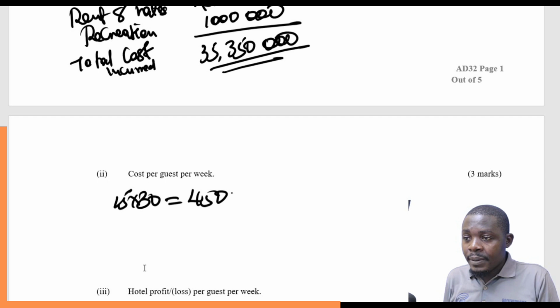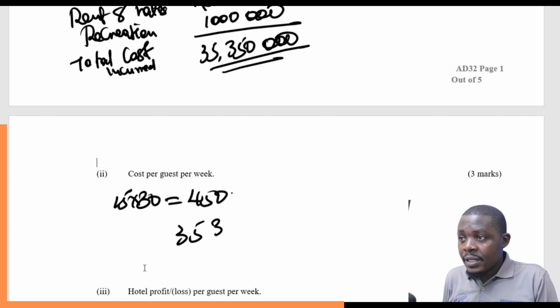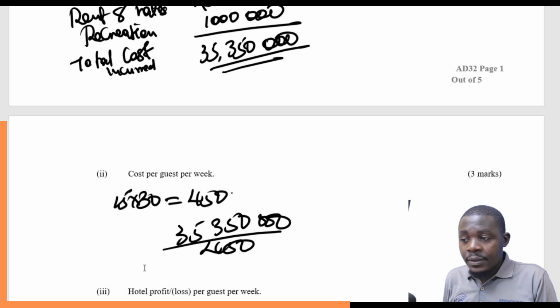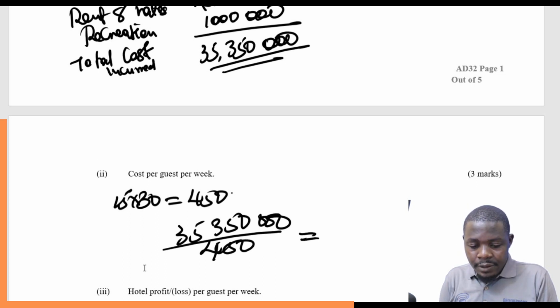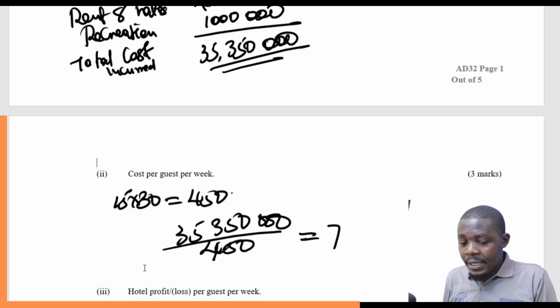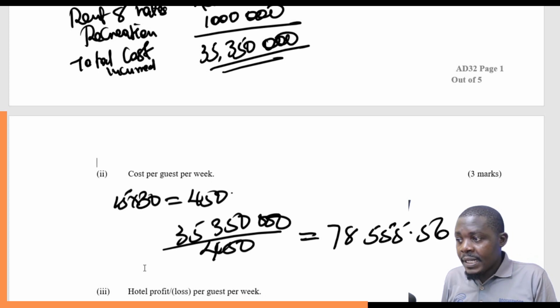The total cumulative cost was 35,350,000. We divide by 450. Each guest's cost was approximately 78,555.56 shillings.